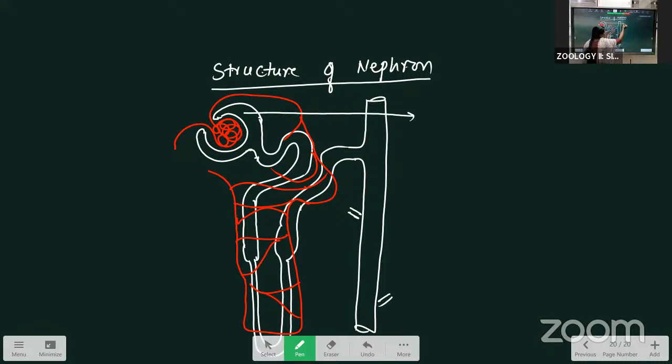This one is called the Bowman's capsule, and this bunch of blood vessels is called the glomerulus.